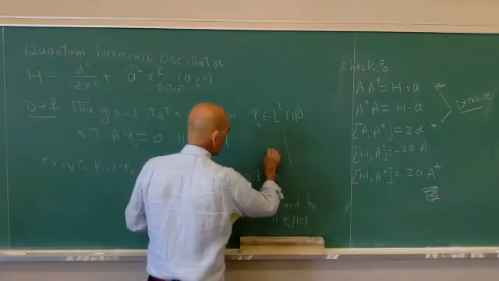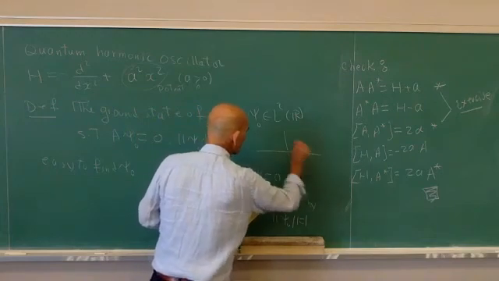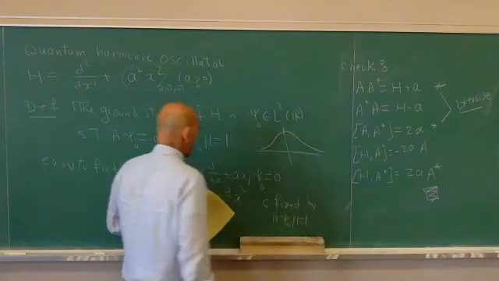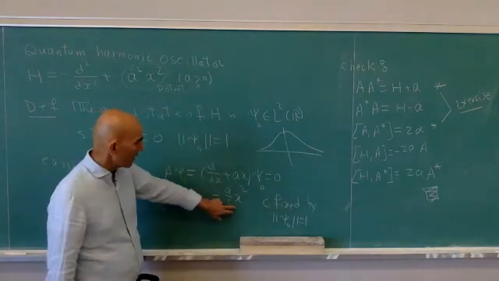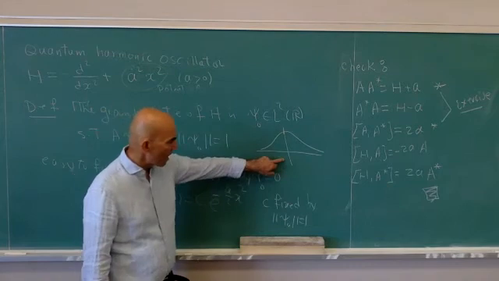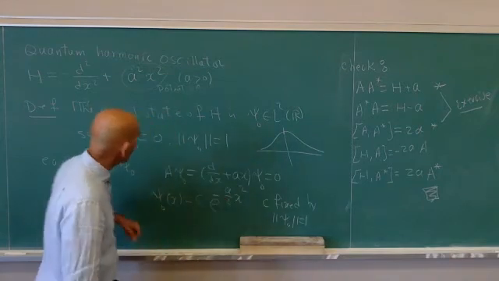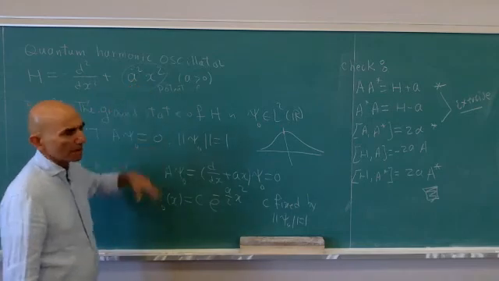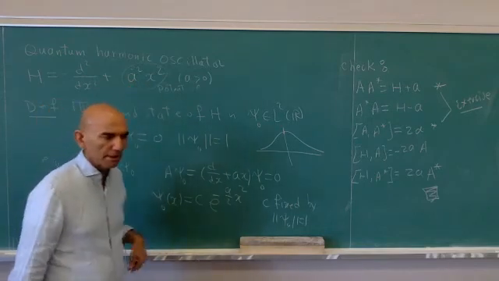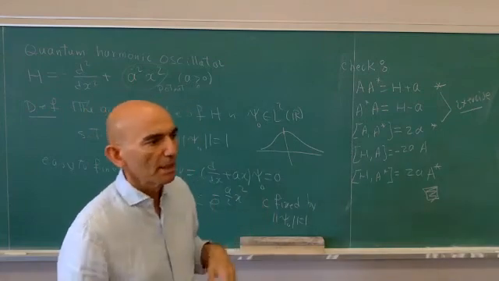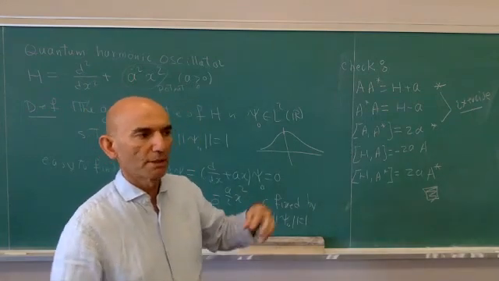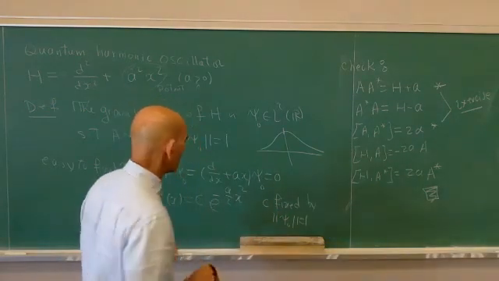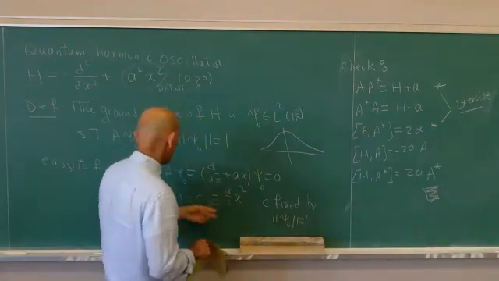So the ground state is the Gaussian. The mean is 0, and its variance is related to this A, to the constant of the problem. I didn't say it, but the interpretation of A is that it is related to Hooke's constant for the spring, for the classical harmonic oscillator, right?